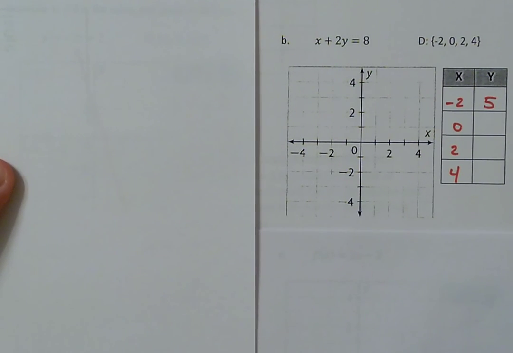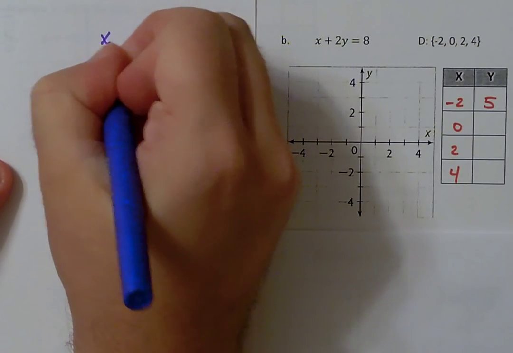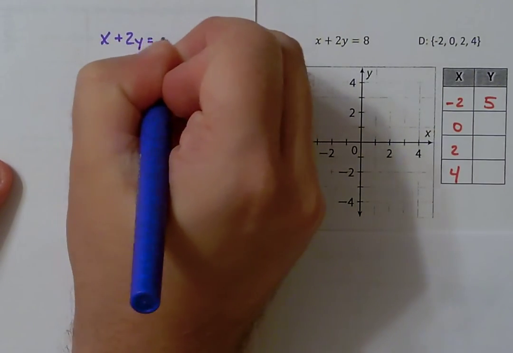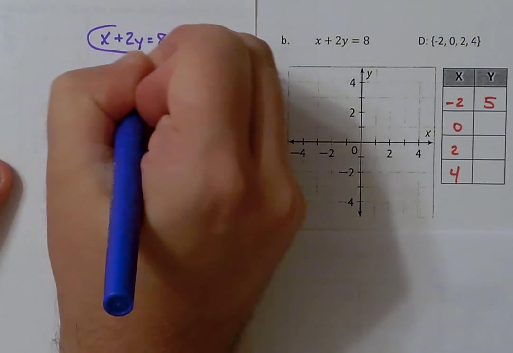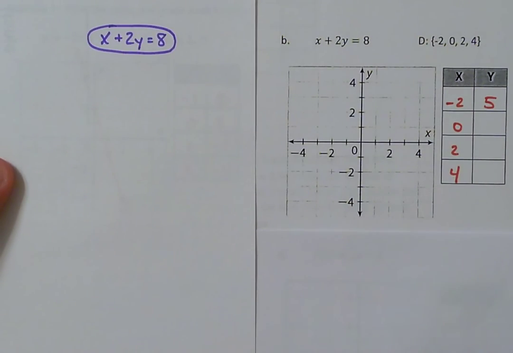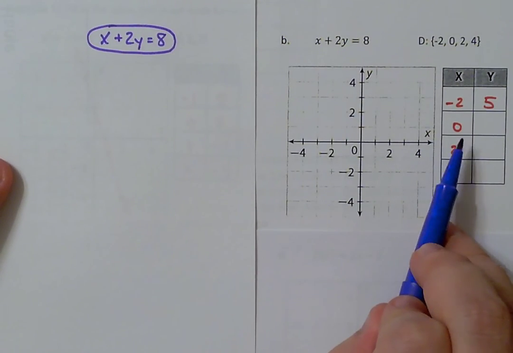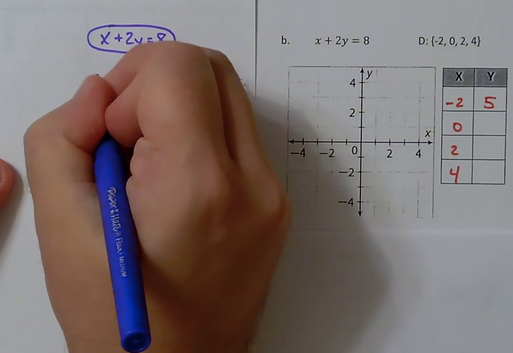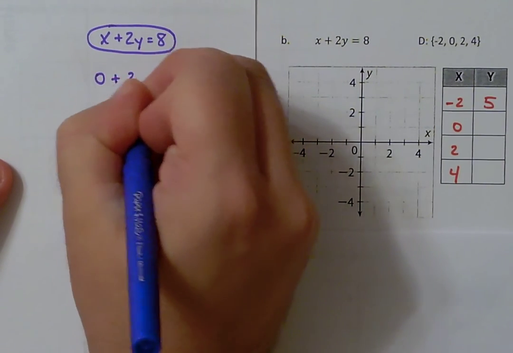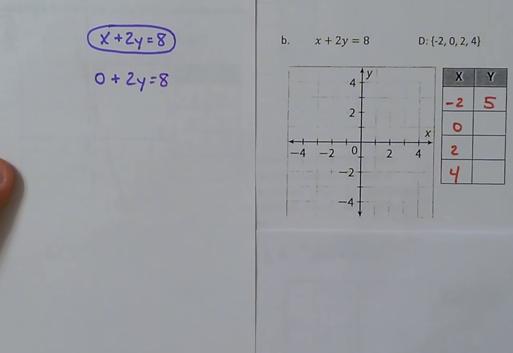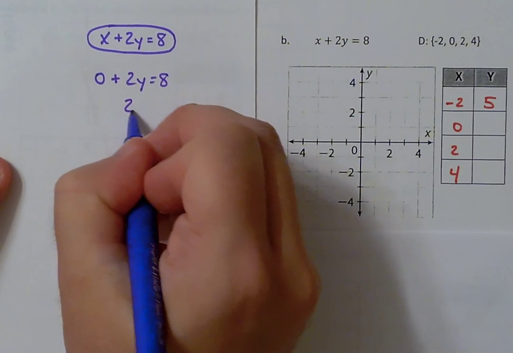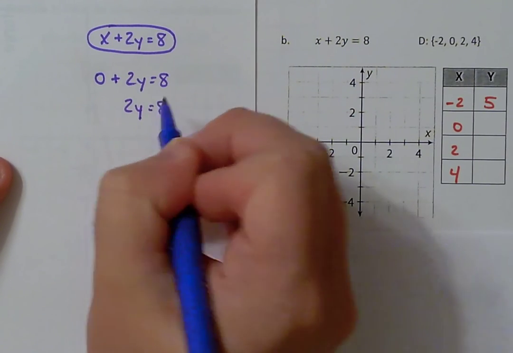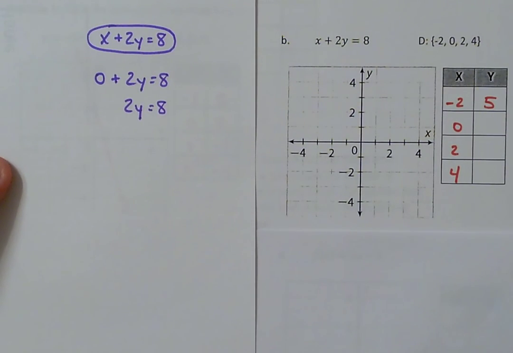All right, so our next one. Again, we have x plus 2y equals 8. This is going to be my starting point. And I want to figure out when x is 0, what does y equal? So let's plug 0 in for x. So it's 0 plus 2y equals 8. If we do 0 plus 2y, we can really just cancel out the 0. So I have 2y equals 8.